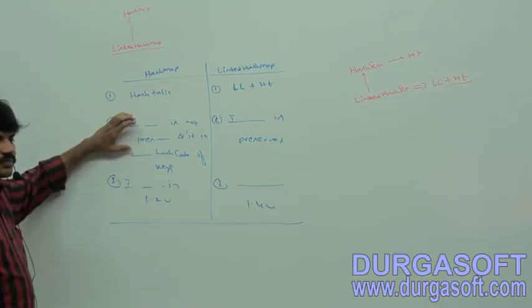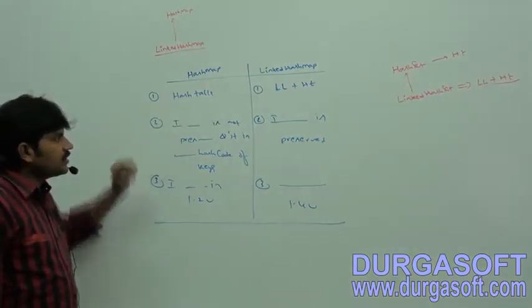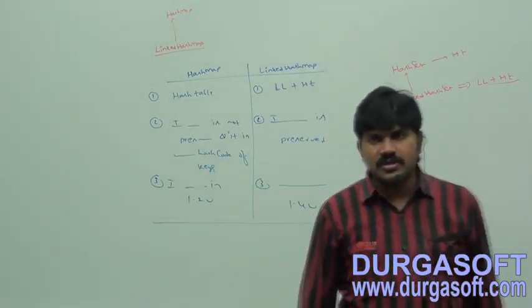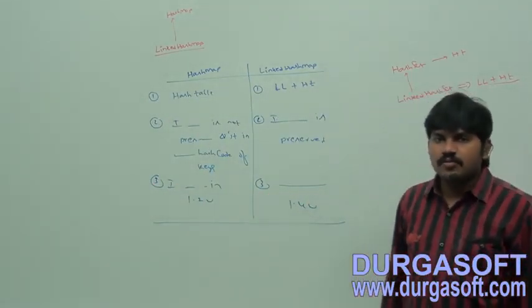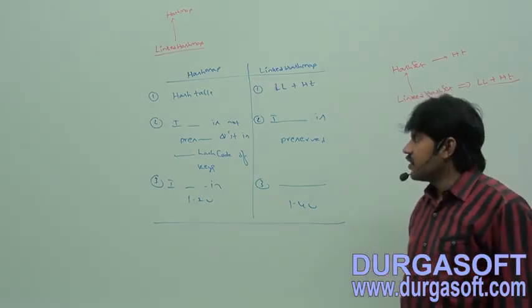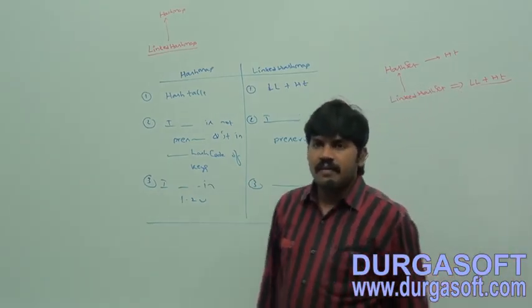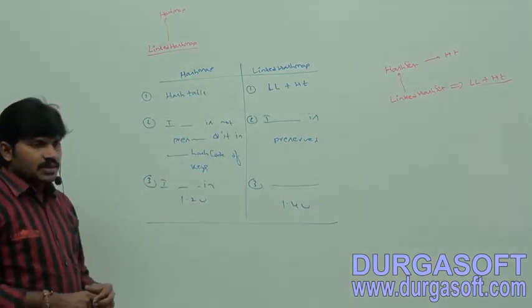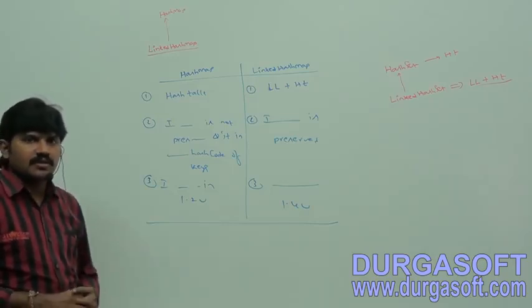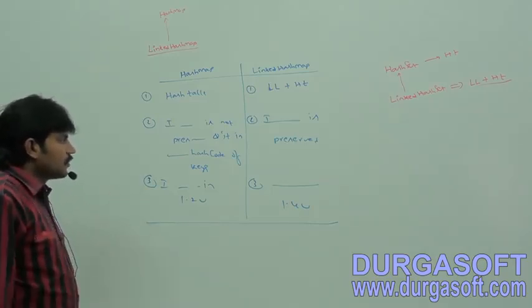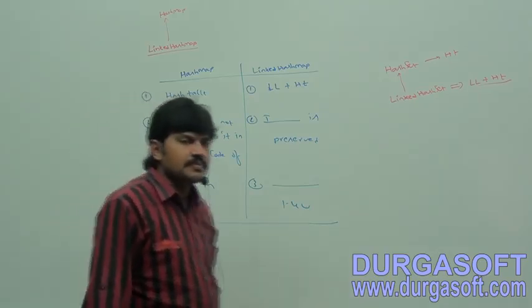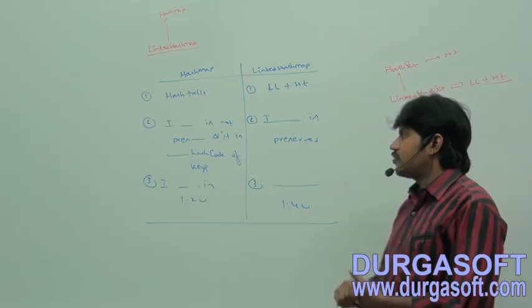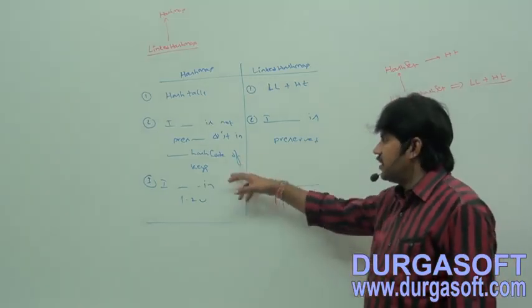Next, second: in hash map, insertion order is not preserved, and it is based on hash code of keys.